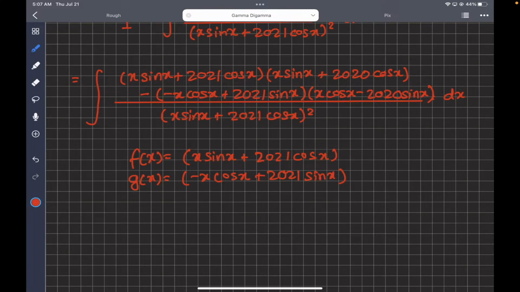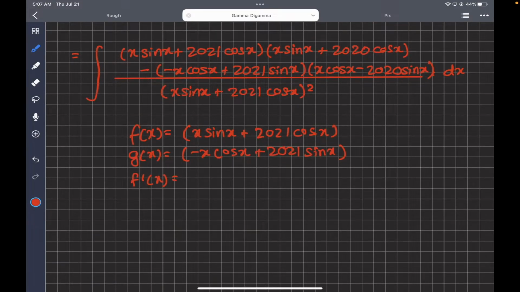Why is this useful? Because if we differentiate f of x, so we get f prime of x, we're going to get minus... I think I switched the labels around. I should be a little more consistent with my work. So this is g, that's f.